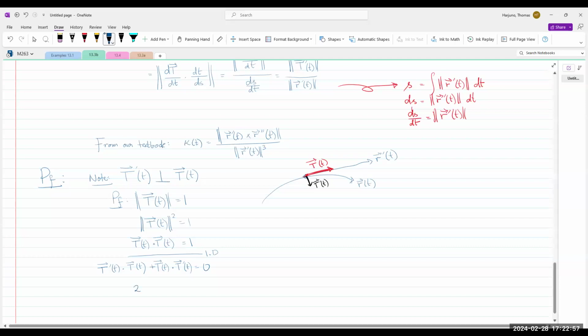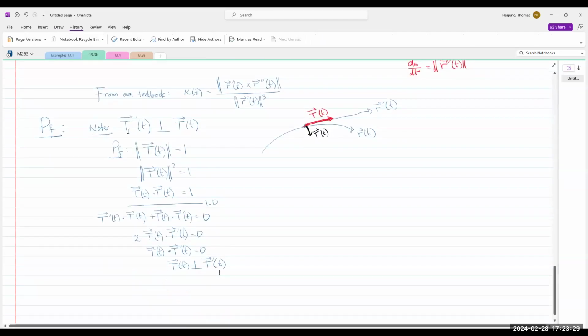But that simply means 2 times the unit tangent vector dot T prime t is equal to 0, which means the unit tangent vector dotted with the derivative of that unit tangent vector is 0, which implies those two vectors are normal to each other. Okay, now we will use this result later on.